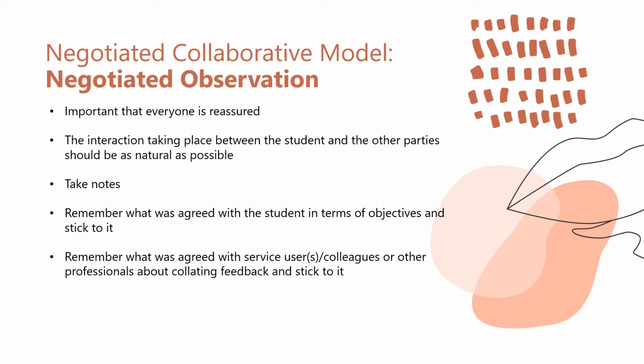And in terms of the notes you take, again, you need to be quite mindful, because you need to be looking at what the student is doing and not have your head down simply writing lots of notes. But in terms of the notes themselves, it's advisable that after the observation you book in time, if you can, to write up your notes for your own purposes and as part of preparing for feedback to the student.